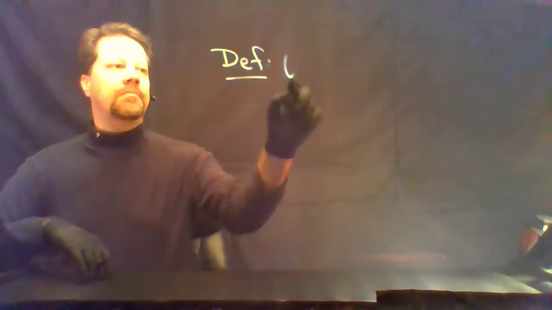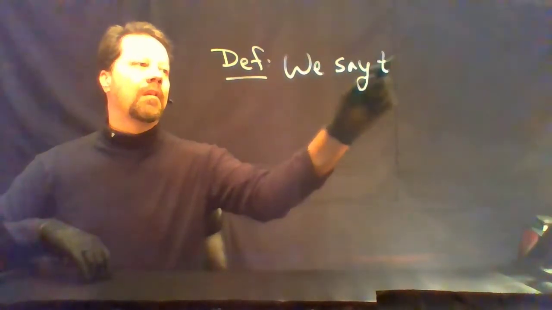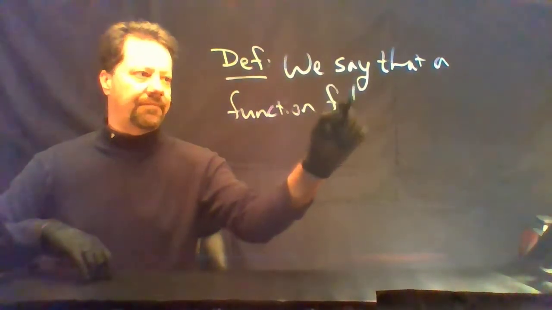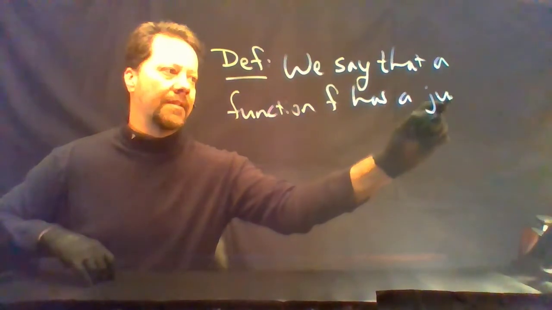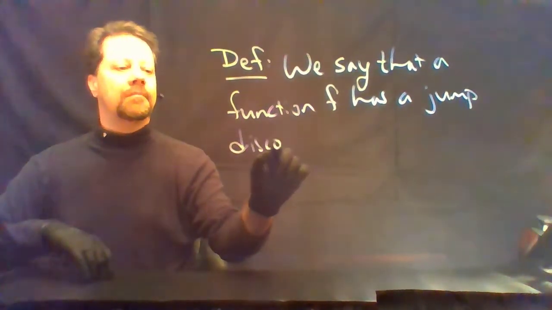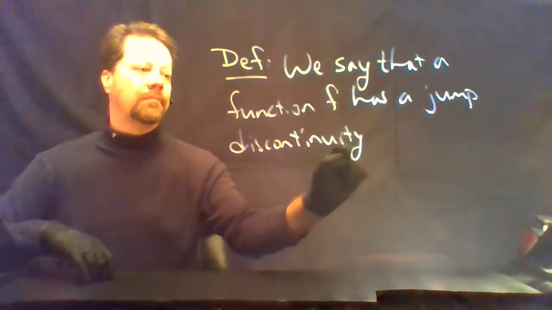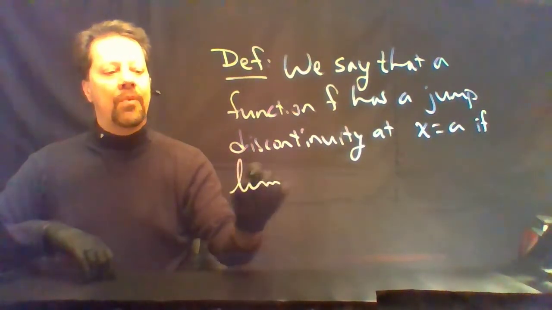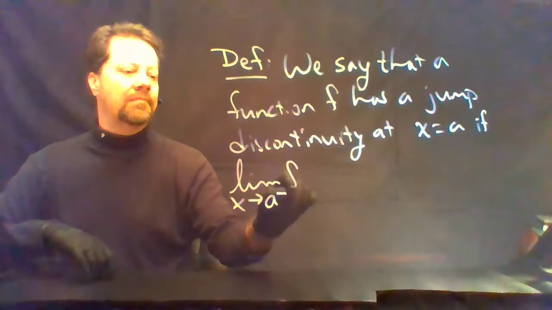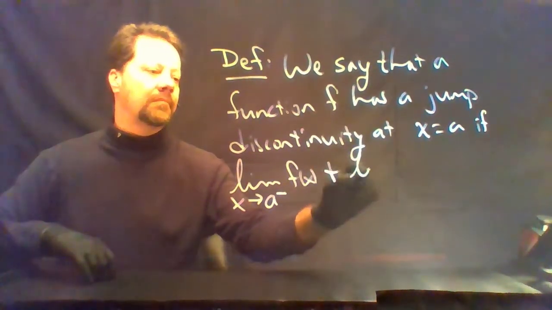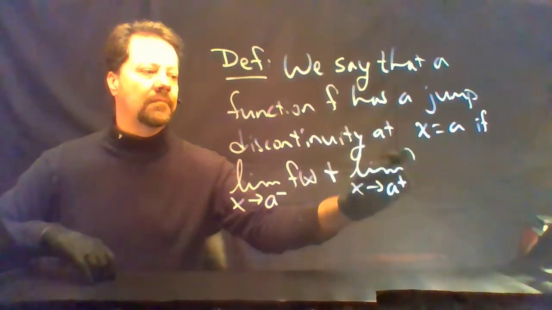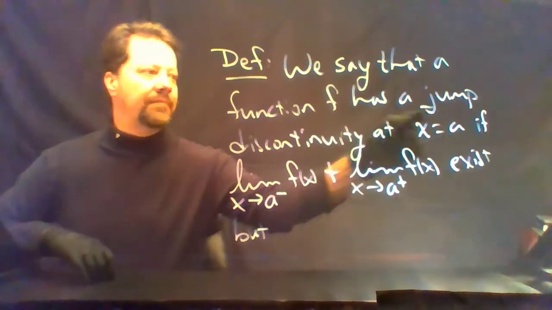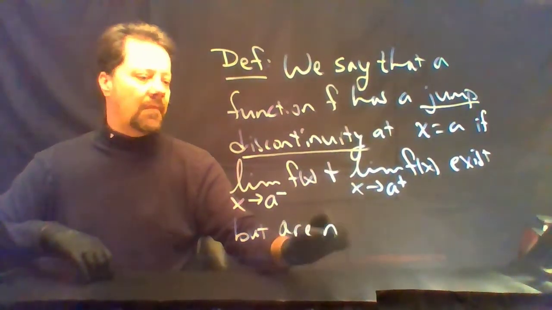First, we say that a function f has a jump discontinuity at x equals a if both one-sided limits exist but are not equal.